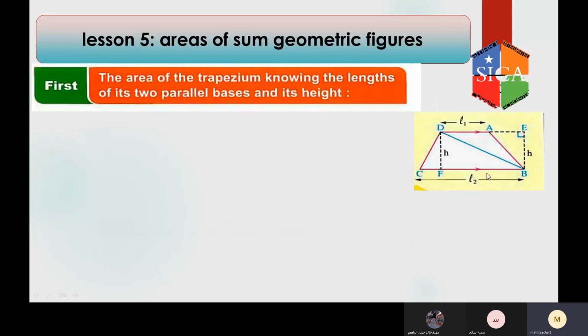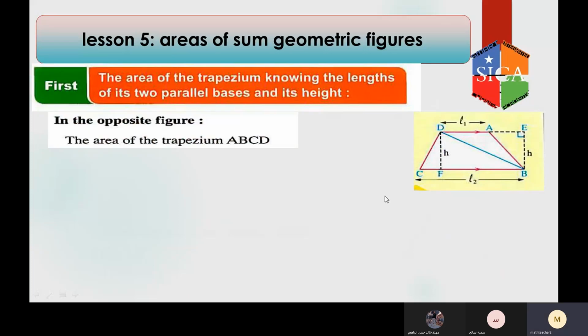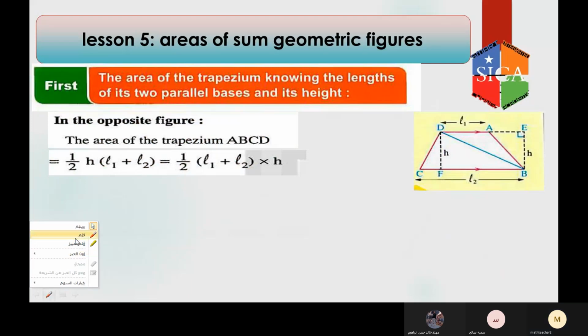The area of the trapezoid equals half times AD plus BC times H, which is half times L1 plus L2 times H. From the previous slide, we called half L1 plus L2 the middle base.